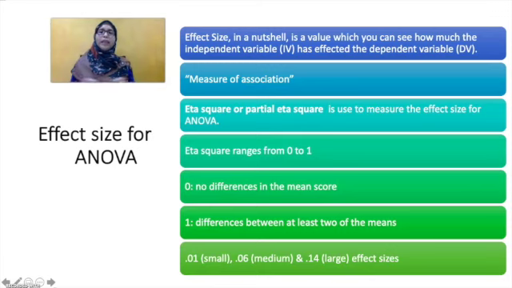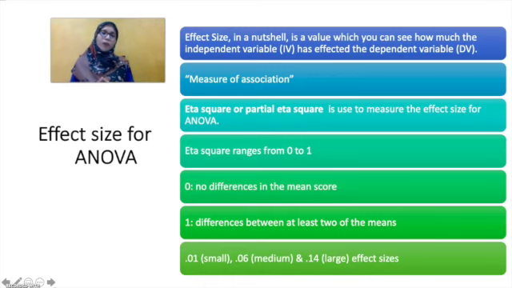In another way, it's called a measure of association. So eta squared or partial eta squared is used to measure the effect size for ANOVA. Usually eta squared ranges from 0 to 1. 0 means no difference in the mean scores, while 1 means there is a difference between at least 2 of the means.